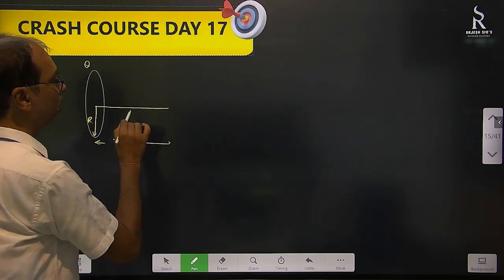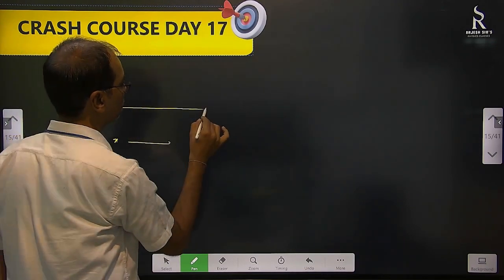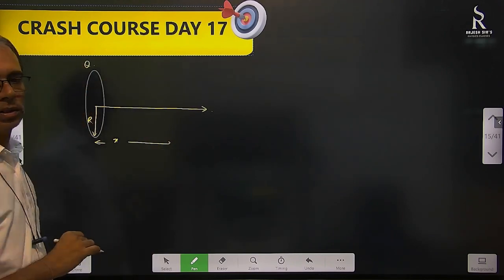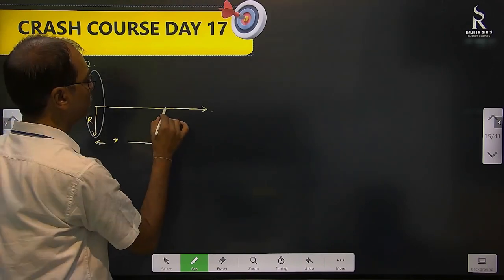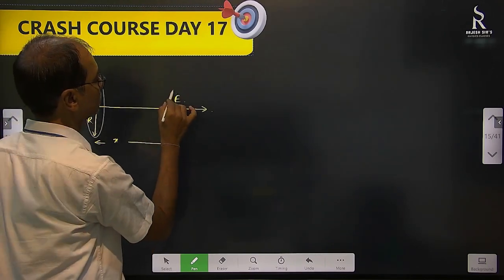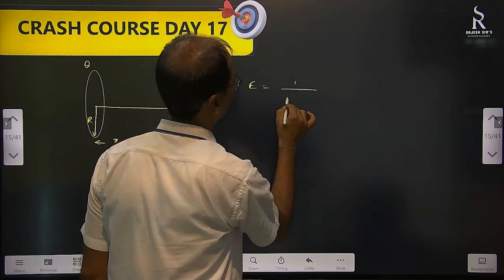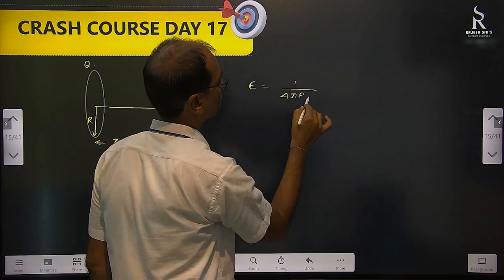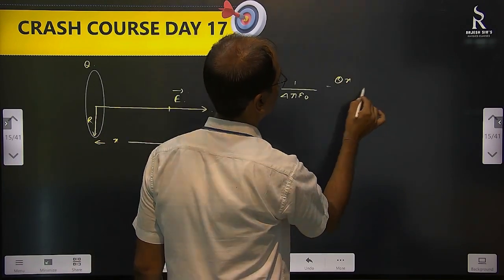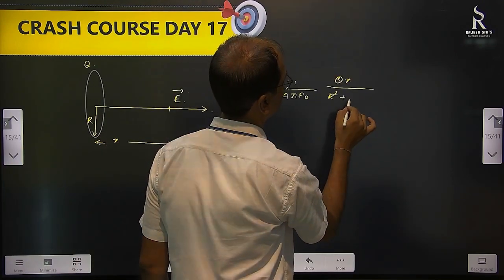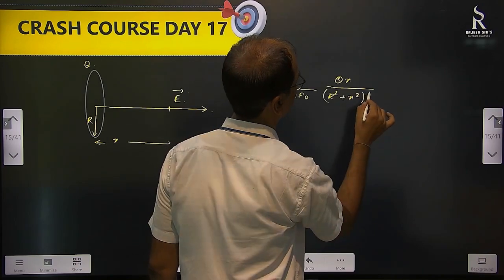The direction will be along the axis only. Direction is along the axis, and the E value is 1 by 4 pi epsilon naught Qx by (r square plus x square) to the power 3 by 2.